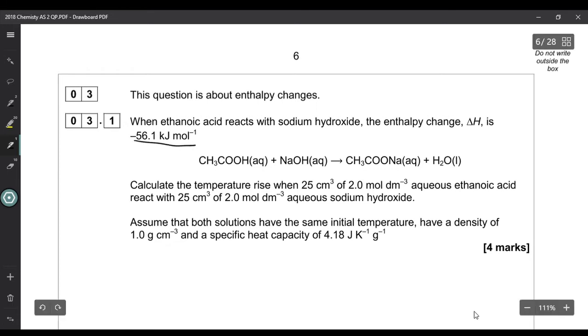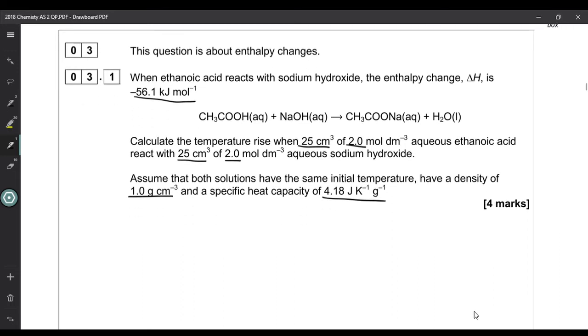We're given the equation and we're told to calculate the temperature rise when 25 cubic centimeters of 2 moles per dm cubed aqueous ethanoic acid reacts with 25 cubic centimeters of 2 moles per dm cubed aqueous sodium hydroxide. Assume that both solutions have the same initial temperature and have a density of 1 gram per cubic centimeter and the specific heat of 4.1 joules per Kelvin per gram.